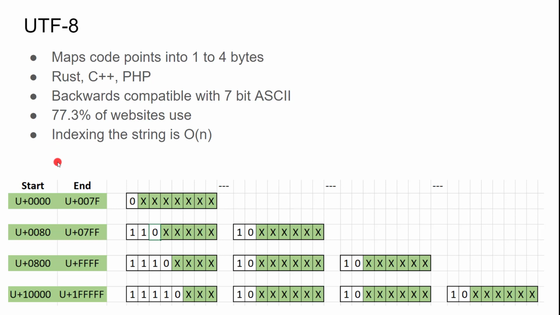While the Unicode code points require 21 bits to represent any character in that set, to only represent the first 127 characters in the code point set requires just 7 bits. And to represent the next 2048 characters in that code point set would require 11 bits, and so on. So UTF-8 takes advantage of this fact and maps these bits into 1, 2, 3, or 4 bytes, as shown here on the figure.